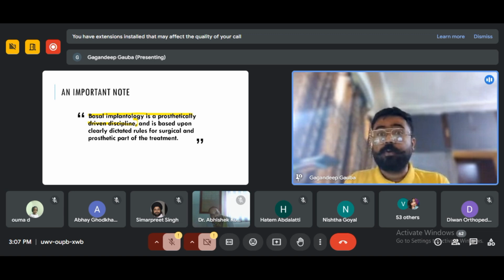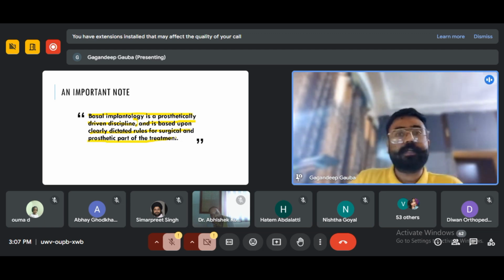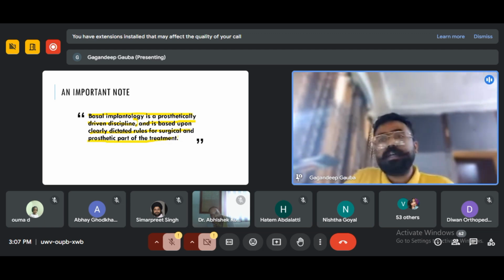Okay, and basal implantology is based upon clearly dictated rules for the surgical and prosthetic parts of the treatment. There are clinically derived protocols in basal implantology that should be followed religiously, because basal implantology is a very technically sensitive science. If we don't follow the rules and regulations adequately, we are bound to failure.